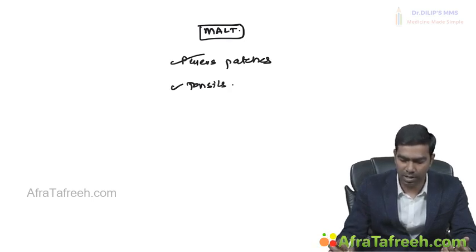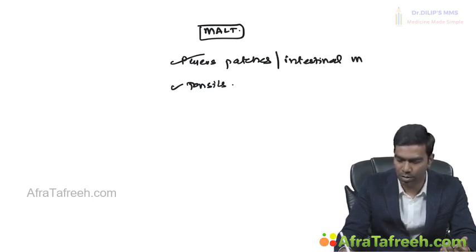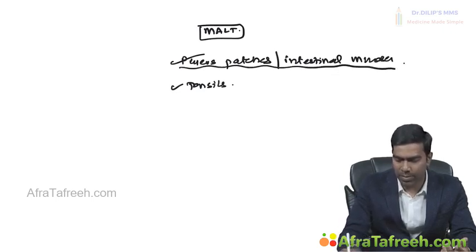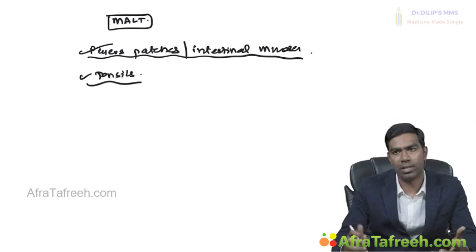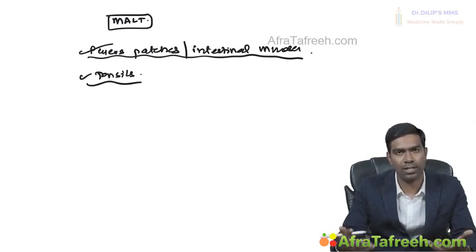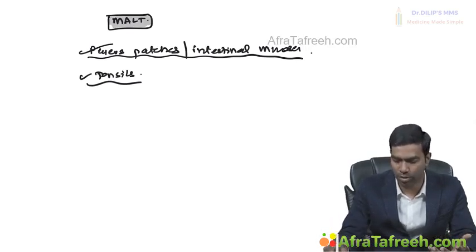Typically, the MALT includes not only the Peyer's patches, but also certain aggregates of intestinal mucosa. So these MALT tissues, especially the Peyer's patches, the intestinal mucosa and the tonsils, have one important thing in common, because they have a mucosal area. That is the reason they come under mucosa-associated lymphoid tissue.